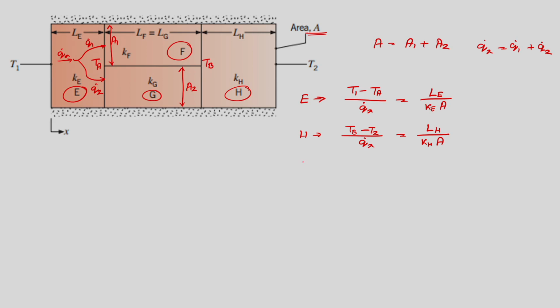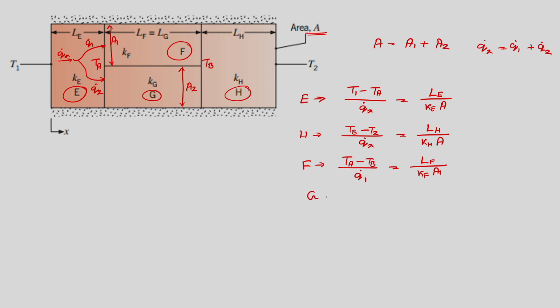Then for the layer F, the effective temperature difference is Ta minus Tb, and the heat transmission is Q dot 1. The corresponding resistance will be equal to its length Lf upon Kf into area A1.